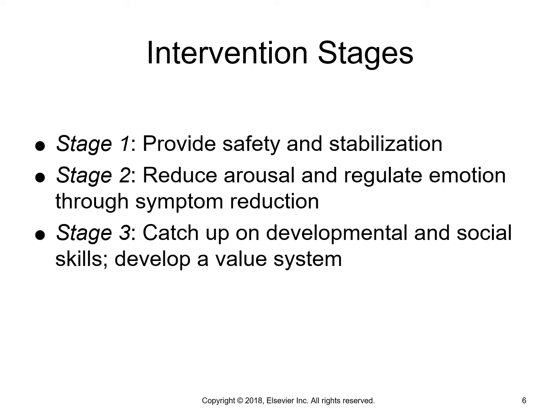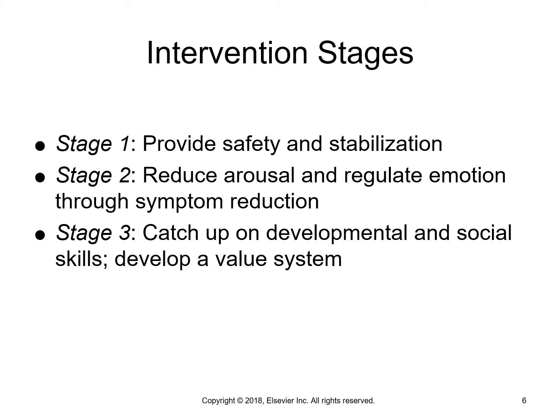So these are the 3 stages through which trauma-informed care is delivered. In stage 1, you provide safety. In stage 2, you try to reduce arousal and work through these traumatic memories. And in stage 3, we are trying to develop their coping skills, social skills and problem-solving skills so that they are able to deal with any kind of stressors in the future too.